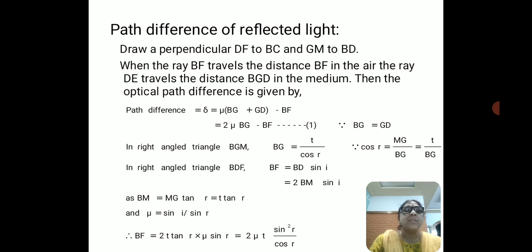As BM is equal to MG into tan r, that is t into tan r, and mu is equal to sin i by sin r, after substituting these in BF, we get BF as 2 mu t sin square r divided by cos r. Then you substitute the values of BF and BG in equation 1 and we get the path difference.